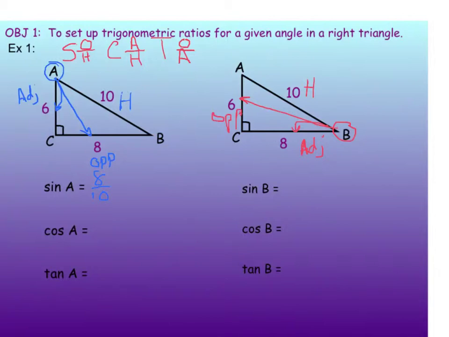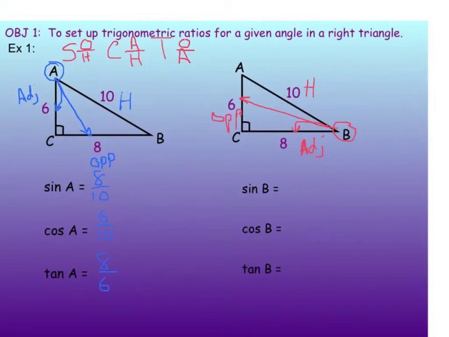Next one is cosine of A. Cosine of A says A over H. Same thing, so A would be 6 over my H, still 10. Following that same pattern, we're going to do tangent next, O over A, right? Tangent of A. So I'm going to take the O, that's the 8, and put it over the A this time, the 6. And again, I would reduce these, and even convert them into decimals.